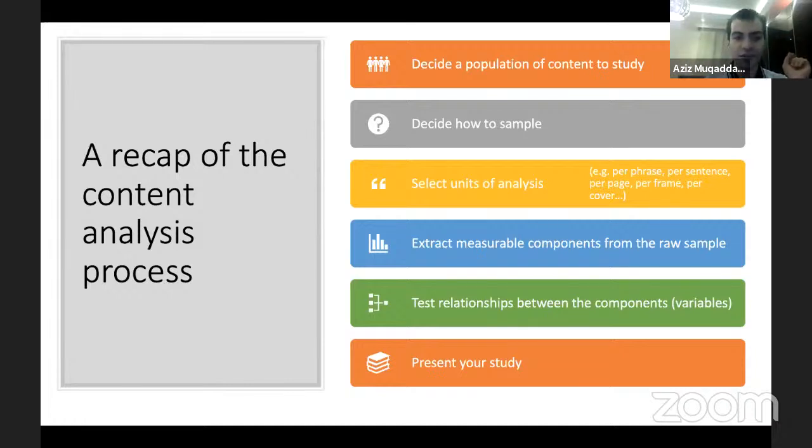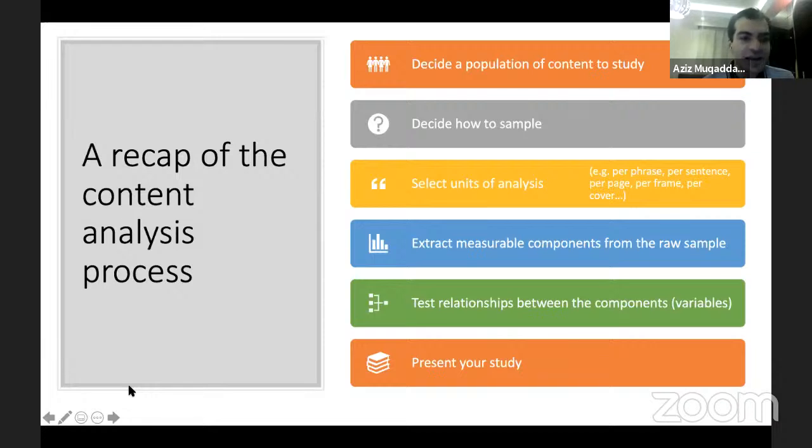For example, what percentage had sexual objectification or not, what percentage had an appeal to thinness, and what percentage had an appeal to body shaming or fat shaming. So we have a large body of things, and we then have a limited number of manageable categories which we can compare. Because of that, you can present findings that summarize a large body of text.